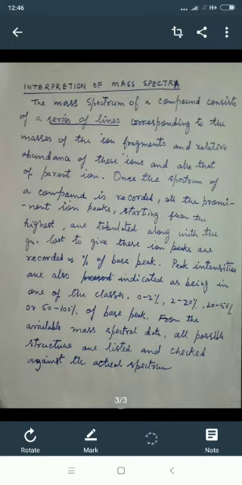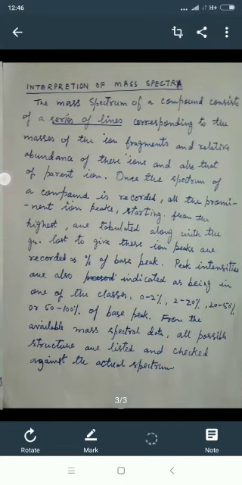You have a parent ion or the molecular base peak ion whose intensity is arbitrarily taken as 100%, and the other peaks are given relative intensities according to the base peak.